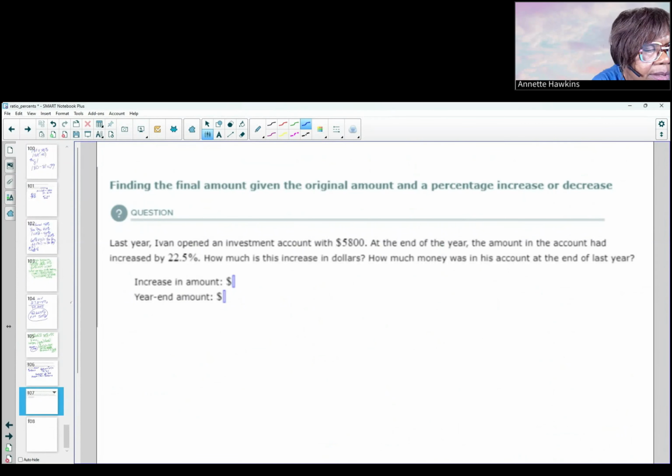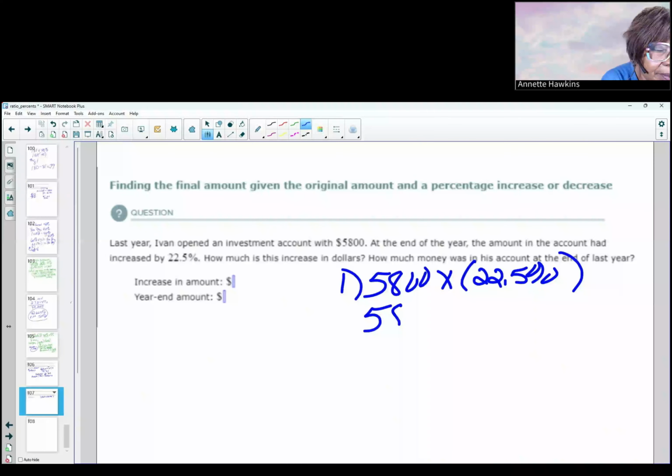Okay, so this is a problem that we know how to do. The account increased by 22.5%. So we would say 5,800 times 22.5%. So let's see what that is.